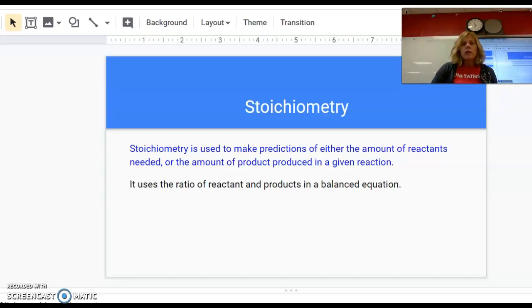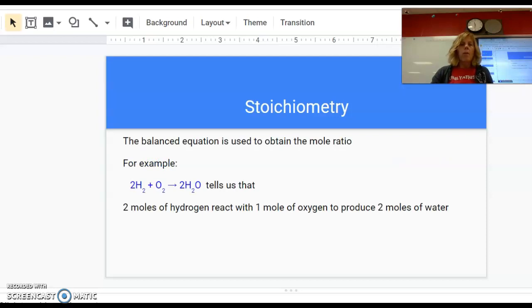And as I mentioned, it uses the ratio of reactants and products in a balanced equation. So, for example, remember what we know when we look at a balanced equation. This is a very simple one, the equation for water.